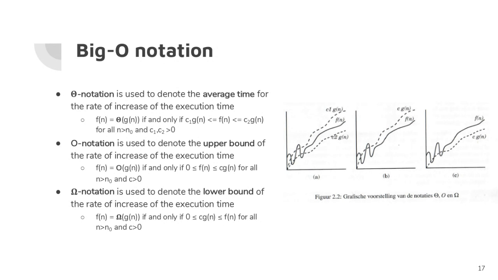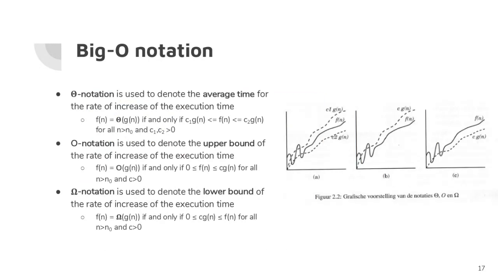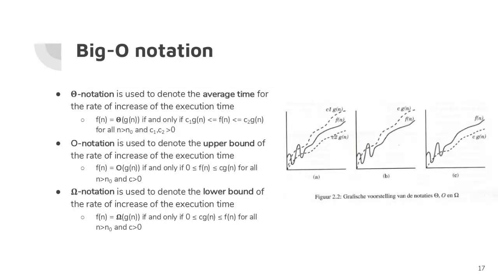Like here, for example, we have a search problem, and we say on average, you have the function t. It's a constant time to run these different instructions, and on average, you will have to check n divided by 2 elements during a search before it stops and returns true. And in the worst case, you have to do n steps. So that's a constant times n.